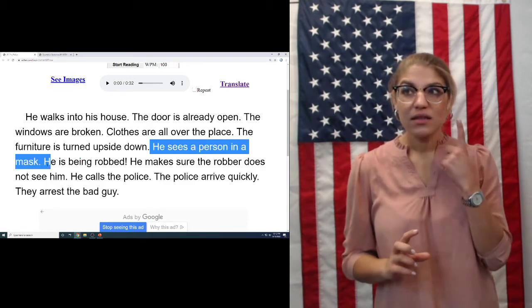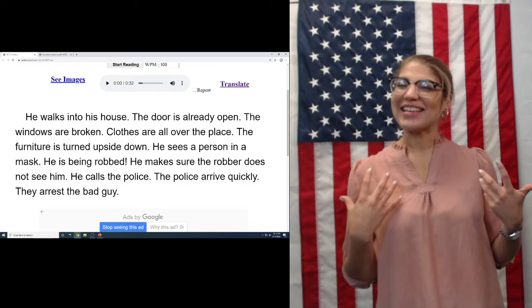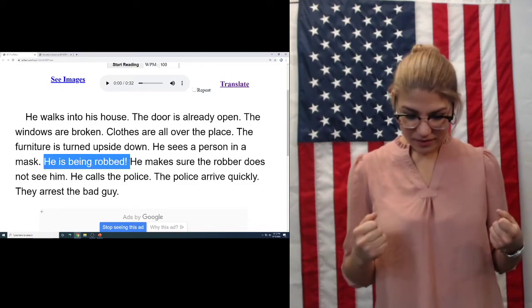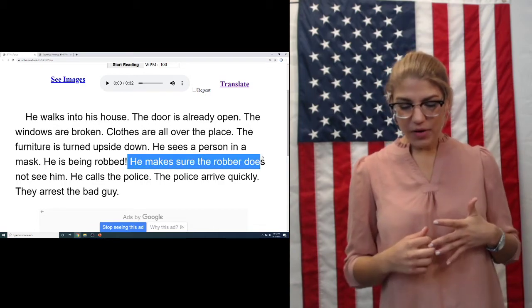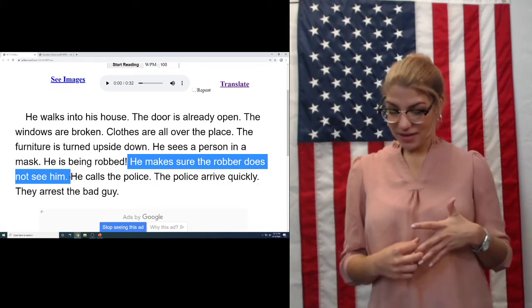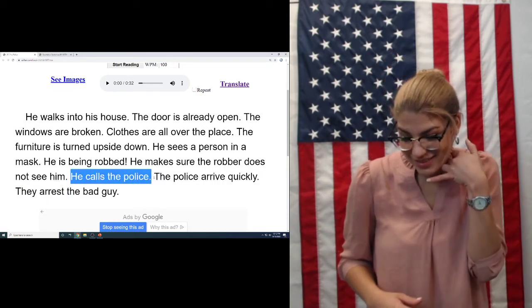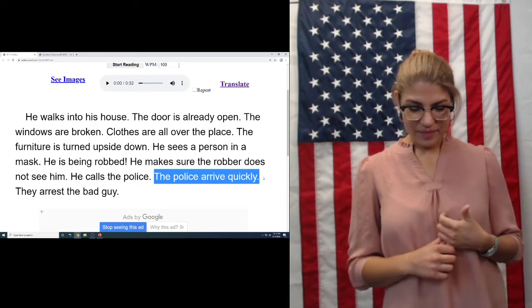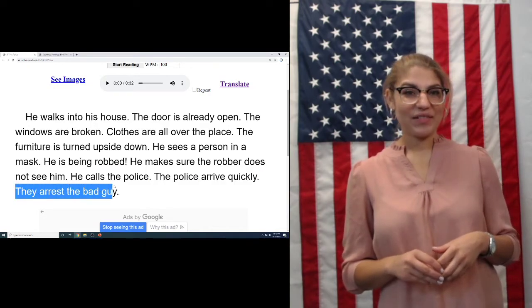He sees a person in a mask. Everyone has masks today. He is being robbed. He makes sure the robber does not see him. He calls the police. The police arrive quickly. They arrest the bad guy.